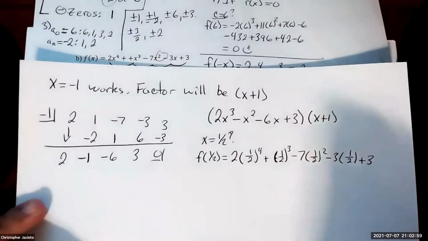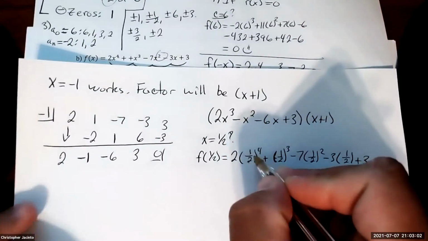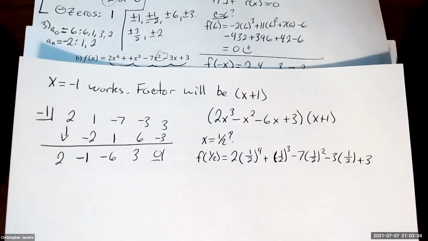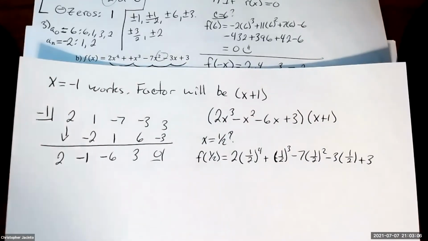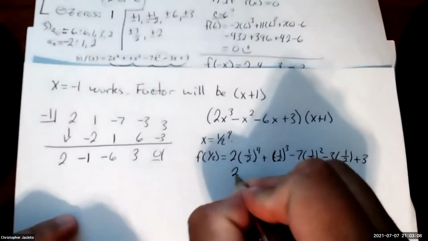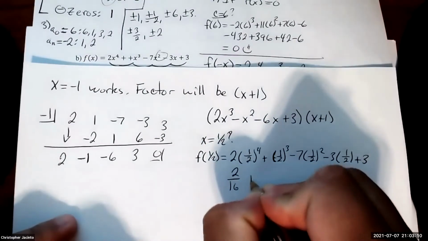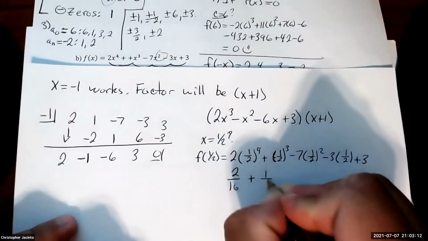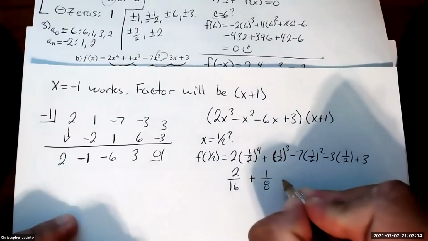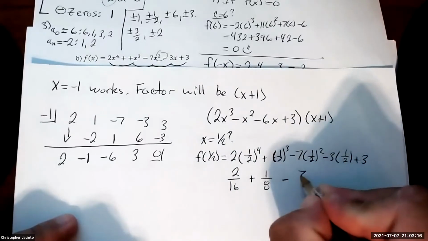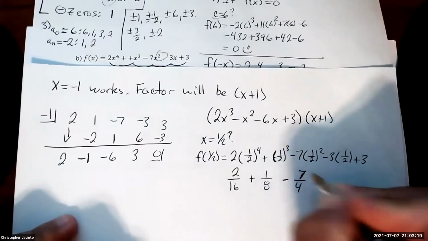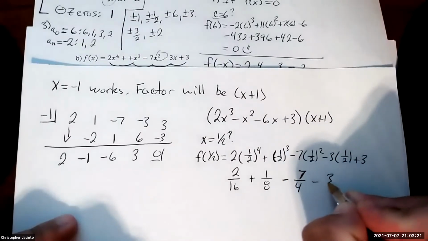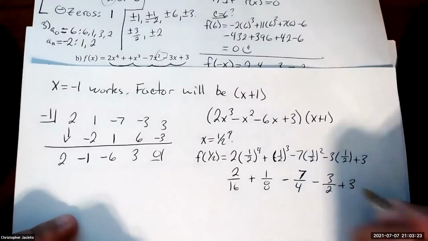Okay, let's see what we get here. So 2 to the 4th power, I think that's 16, but let me just check. Yeah, 16. So this is going to be 2 over 16 plus 2 to the 3rd is 1 over 8 minus, this is 7 over 4 minus 3 over 2 plus 3.